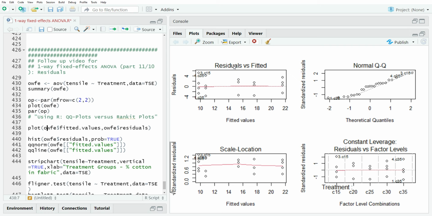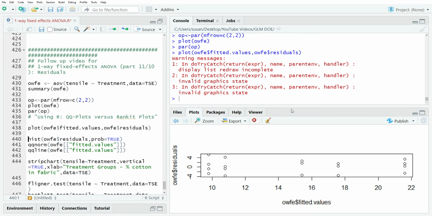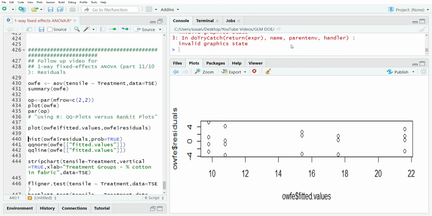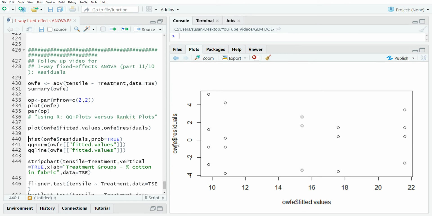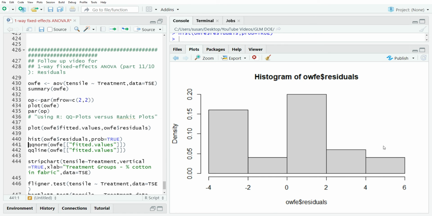We could produce this top left graph by just plotting the fitted values by the residuals, and then that would produce the same plot. And of course, you could give it fancy labels and a title. A histogram would show, we would want this to be normally distributed, and again, since there's so few observations, it's hard to say whether this does or doesn't follow a normal distribution.